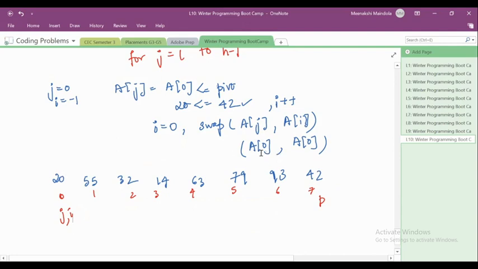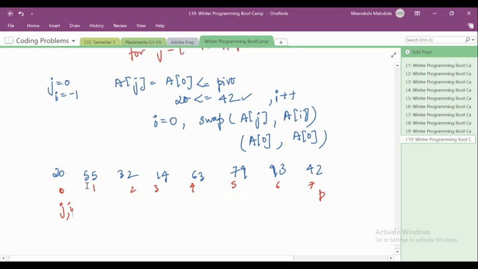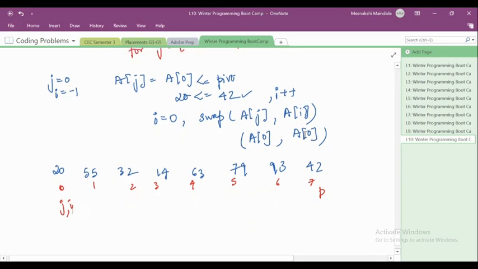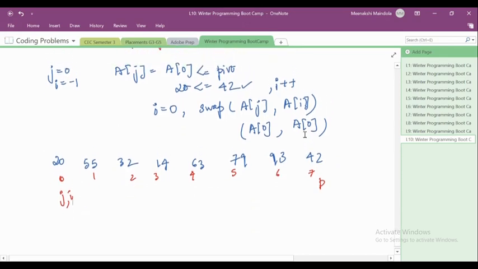The two values that we wanted to swap are basically the same, so no change happens because the values of I and j were actually 0. Now in the next iteration we have j equal to 1, and I is currently at 0 only. So I remains here and j comes here.